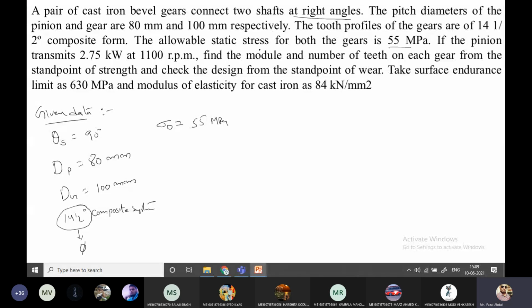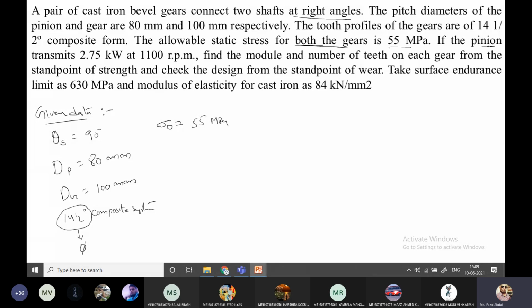The question itself mentions allowable static stress for both gears, so both pinion and gear are made of the same material. So whichever equation I apply, the pinion is the weakest portion here, because both are made of the same material.